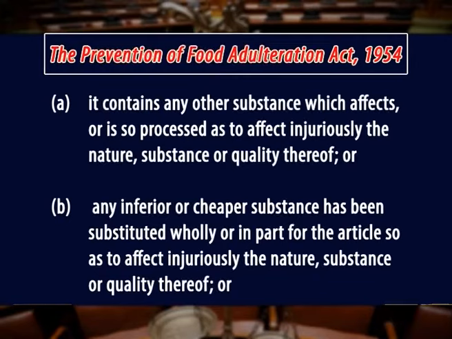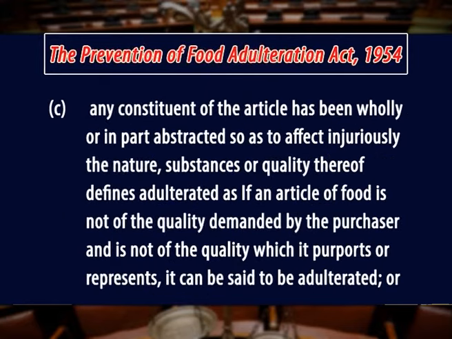adulterated (a) if it contains any other substance which affects, or is so processed as to affect, injuriously the nature, substance and quality thereof; or (b) any inferior or cheaper substance has been substituted wholly or in part for the article so as to affect injuriously the nature, substance or quality thereof; or (c) any constituent of the article has been wholly or in part abstracted so as to affect injuriously the nature, substance or quality thereof.